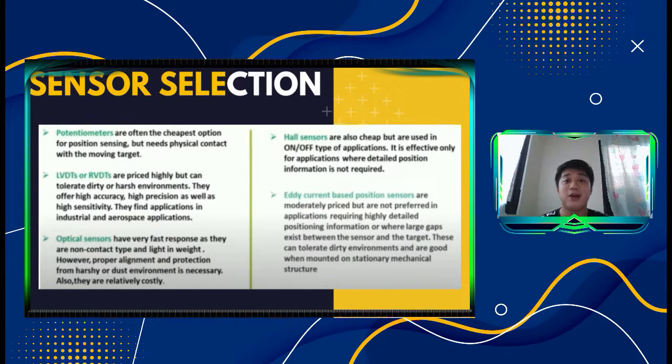And lastly, the eddy current based position sensors are moderately priced but are not preferred in applications requiring highly detailed positioning information or where very large gaps exist between the sensor and the target. They can tolerate dirty environments and are good when mounted on a stationary mechanical structure.